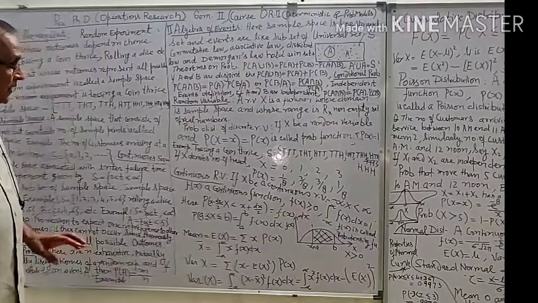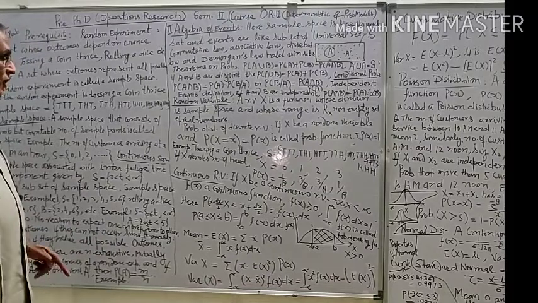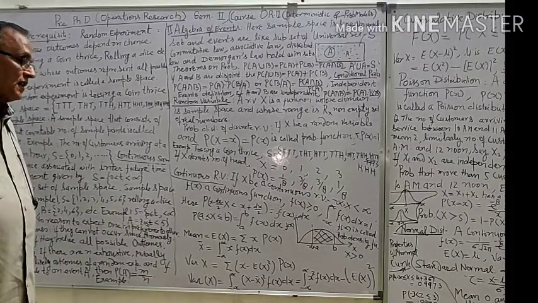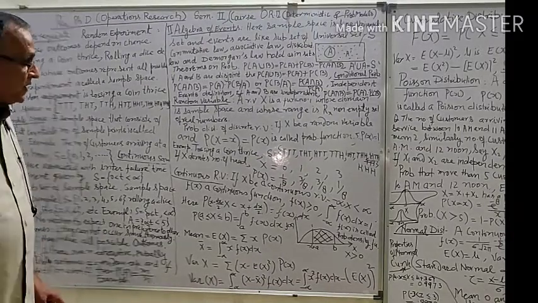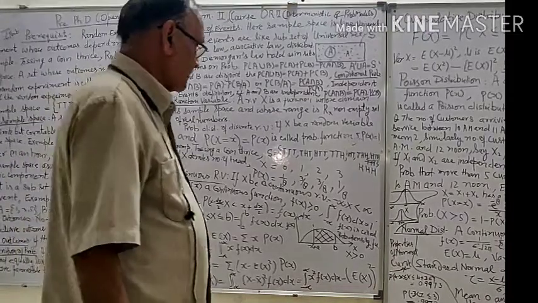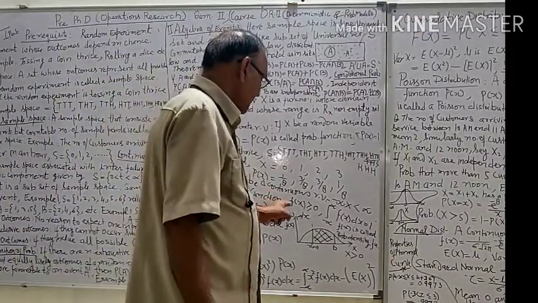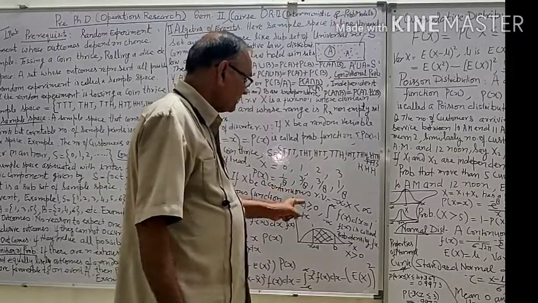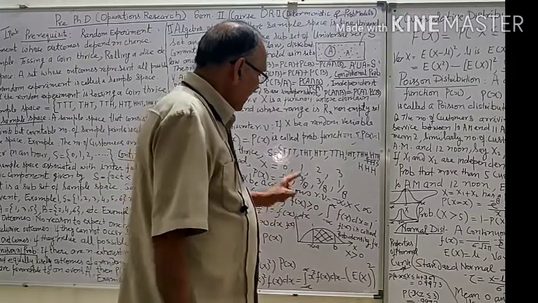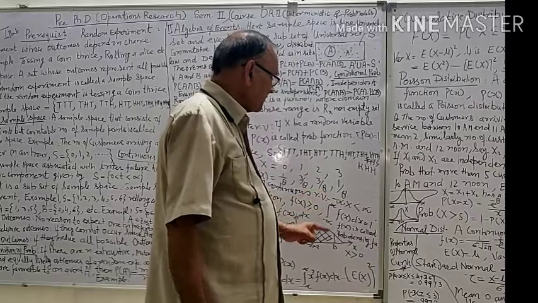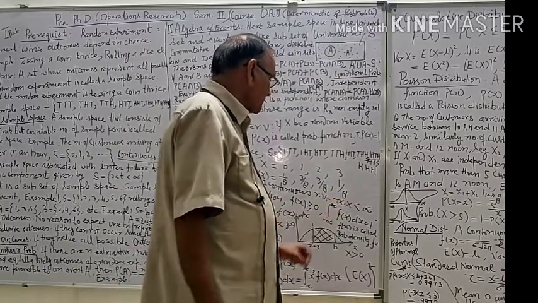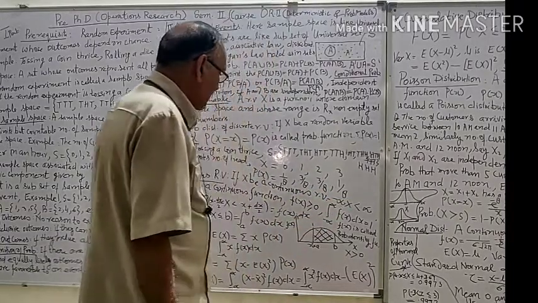So therefore every continuous function is not a probability density function. For a function to be probability density function, first condition fx greater than or equal to 0 and integration minus infinity to plus infinity fx dx is equal to 1 must be satisfied.